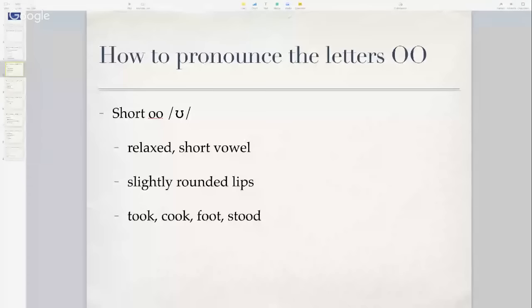Let me show you those words and I'll say them again. Okay, so here are the words down here that we're talking about. Took, cook, foot, stood.